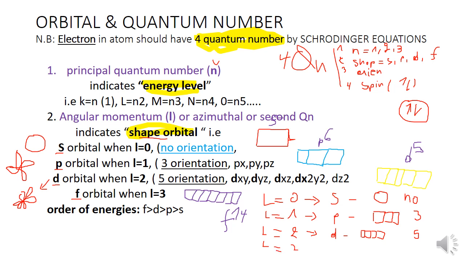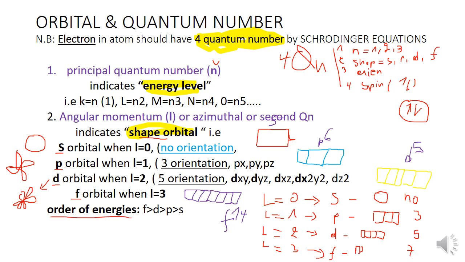When L is equal to 3, here we have the F block. In the F block we have 7 boxes, so 7 orientations. For the S sphere there is one orientation. This is the example I try to do.